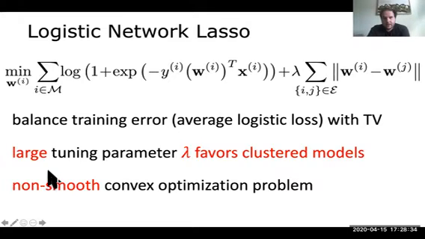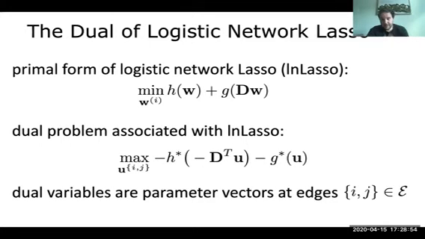Okay. So this criterion is a convex function. It is a non-smooth convex function, so we cannot use simple gradient descent methods, because the gradient is not defined; the objective function does not possess a gradient at each point. However, there are quite efficient methods to solve such non-smooth optimization problems, in particular problems in the form of a sum of two components, where each component can be minimized easily.